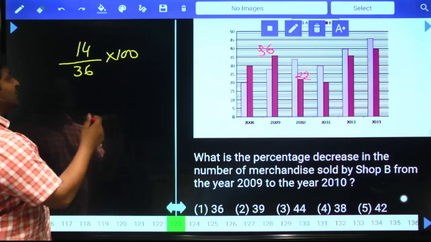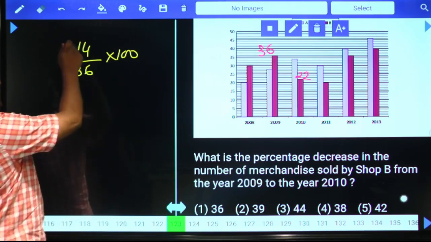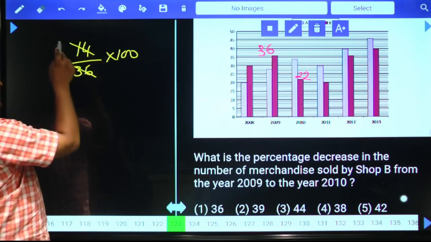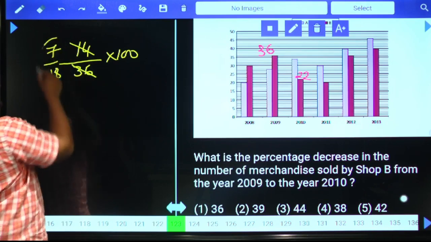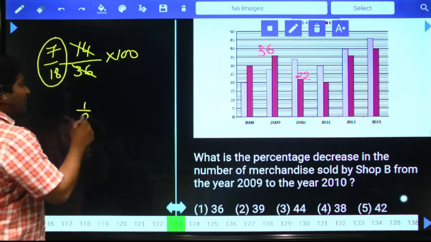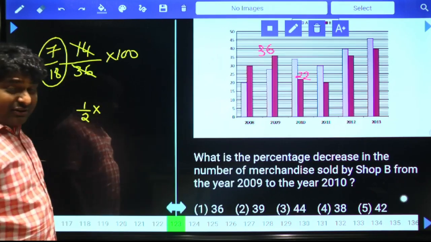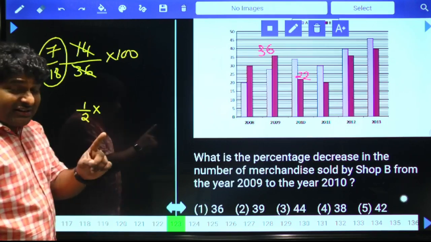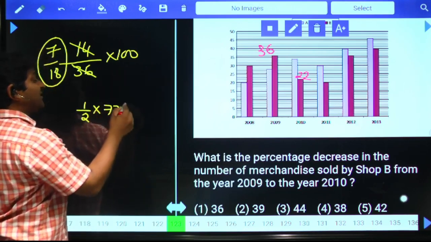Okay, now look at this. 2 7 times, 2 18 times. 7 by 18 we have to calculate. I will take 7 by 18 as 1 by 2 into 7 by 9. 1 by 2 into 7 by 9 is equal to 7 by 18 only. 7 by 9 in the sense 1/9 is equal to 11.1, 7/9 in the sense 77.